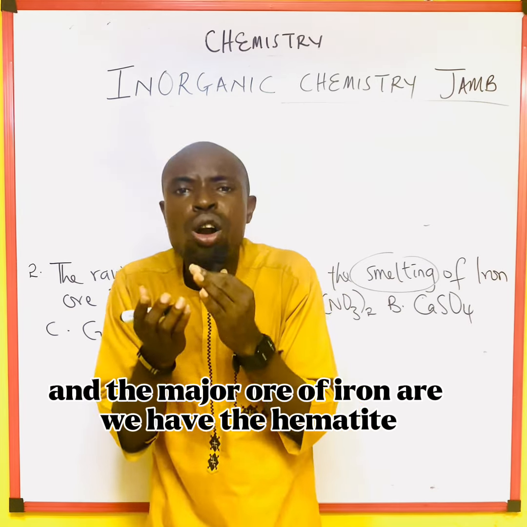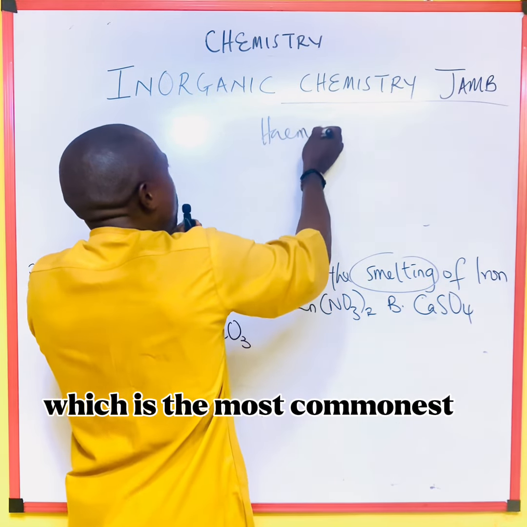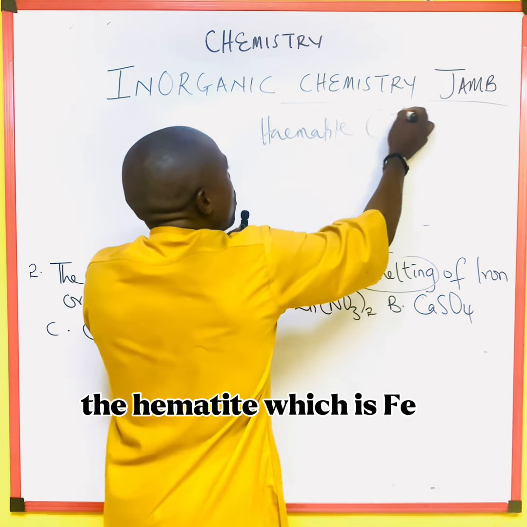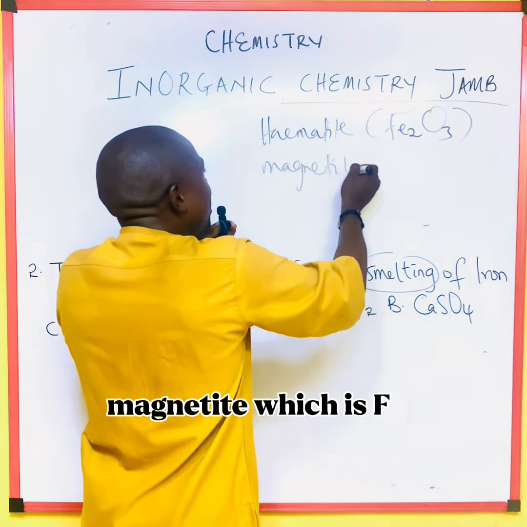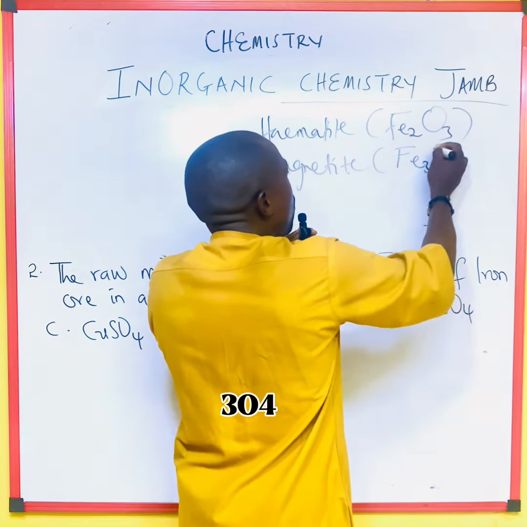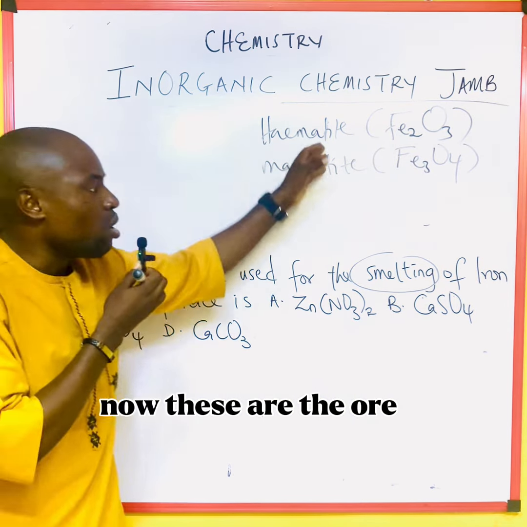The major ores of iron are hematite, which is the most common, Fe2O3, iron 3 oxide. We also have magnetite, which is Fe3O4. Now these are the ores.